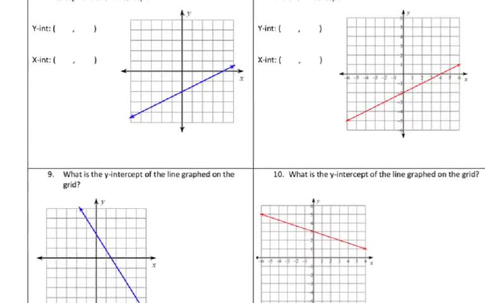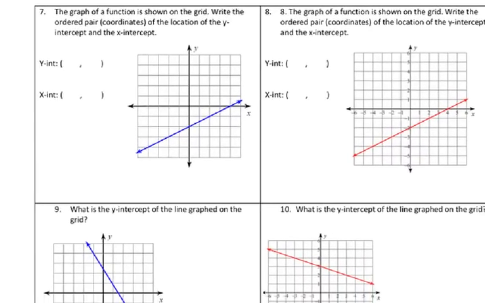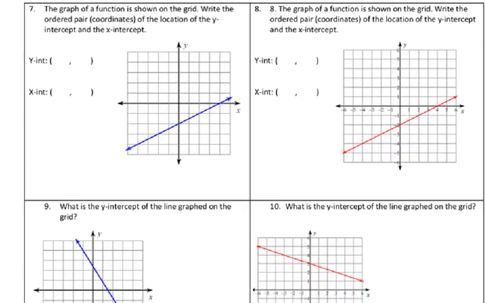All right, 7. So number 7 is very, very important, but it's also extremely easy. So in number 7, it says, the graph of a function is shown on the grid. Write the ordered pair of the location of the y-intercept and the x-intercept. So easy. So a y-intercept lives on the y-axis.